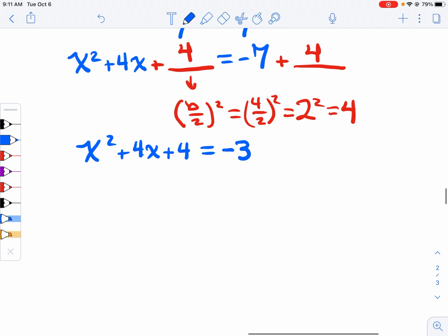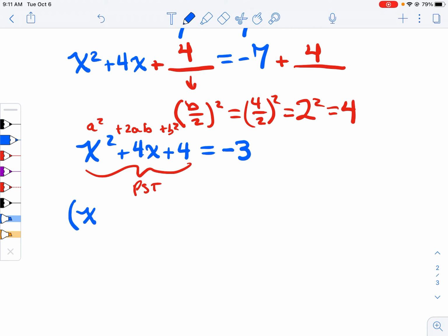This is a perfect square trinomial in the form of a squared plus 2ab plus b squared. So my a is x and my b is 2, and it's going to be a plus, so it's squared equals -3. We can take the square root of both sides.